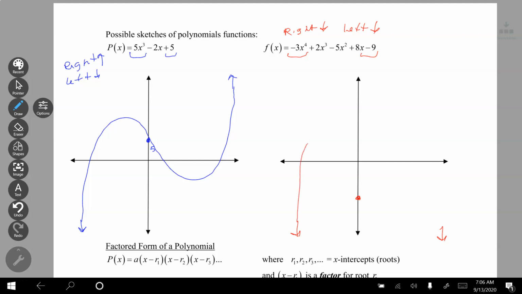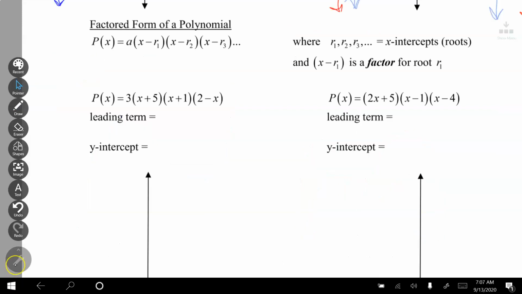So 1 turn, 2 turns, 3 turns, and there we go. That is one possibility. It has 4 x-intercepts, but it doesn't have to. I could add something like this, and it could have no x-intercepts. That would be okay.